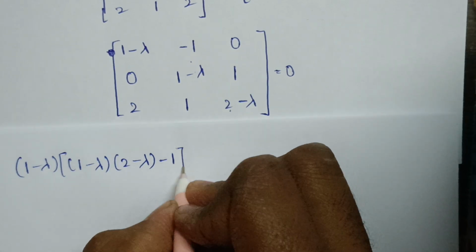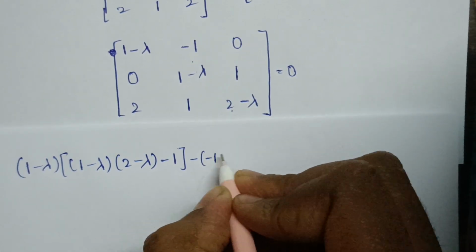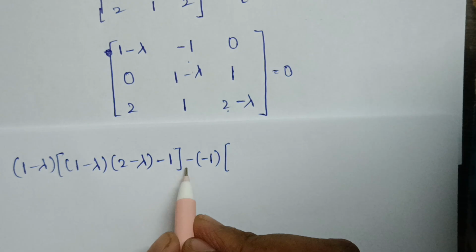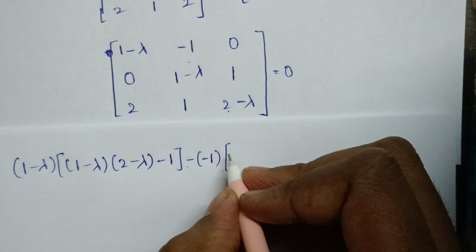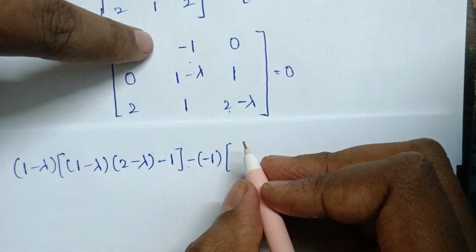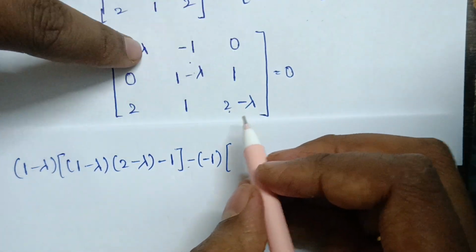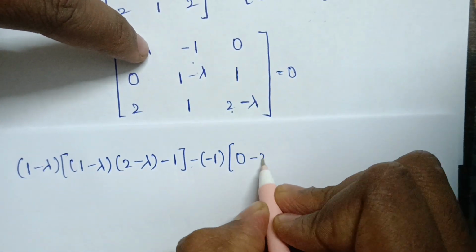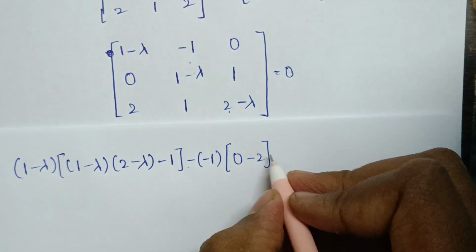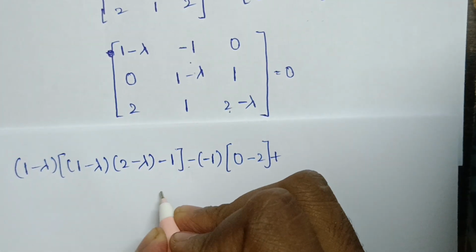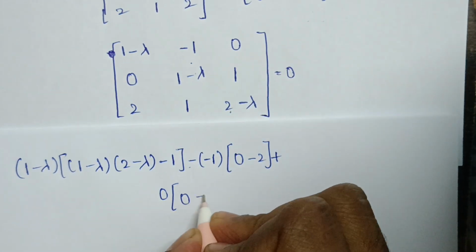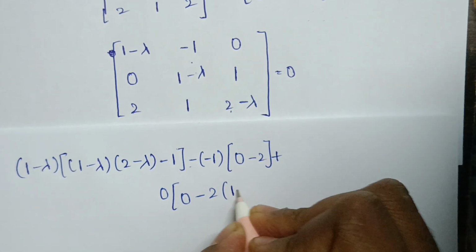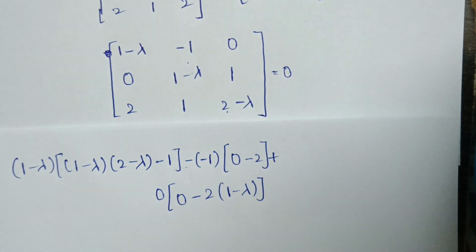Now minus of minus 1 into, so in the second place we take minus, in the first and third place we take plus, minus 1 into 0 minus 2, plus 0 into 0 minus 2 into 1 minus lambda.